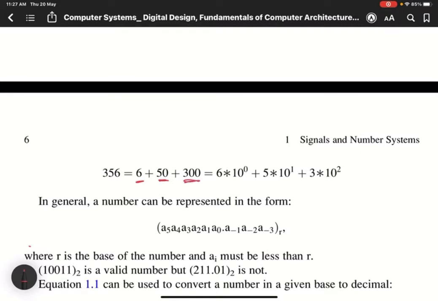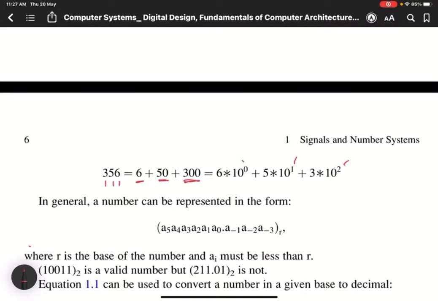You will notice it is reversed: ones, tens, hundreds. The ones is represented by exponent 0, the tens is represented by exponent 1, and the hundreds is represented by the exponent 2 or the squared.